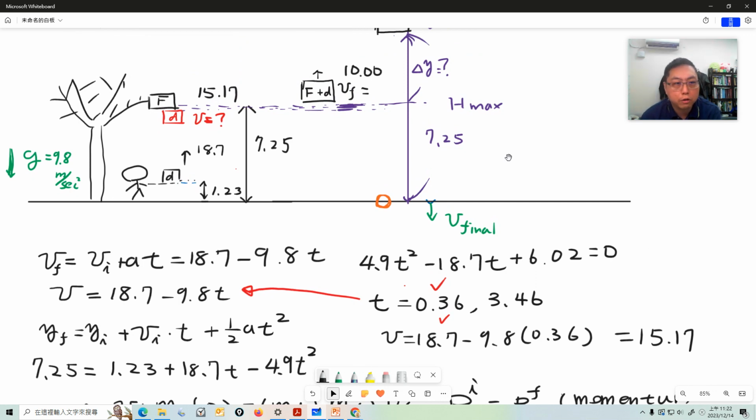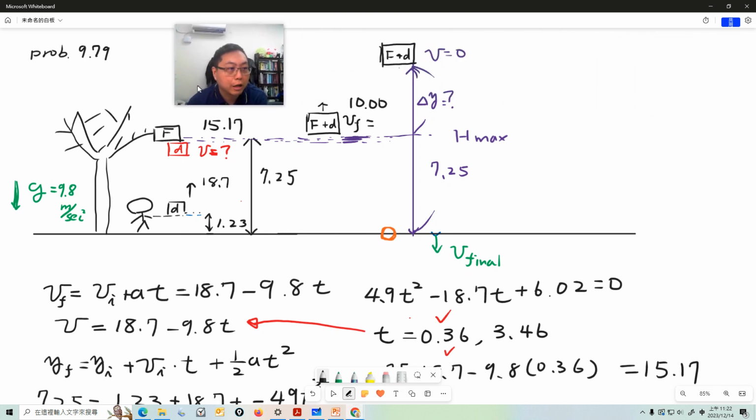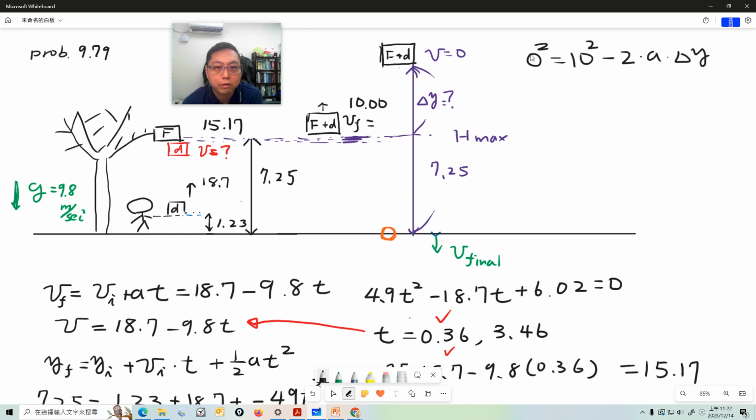If we have the information after they move together to the maximum height, the velocity becomes 0. So what's our distance delta y? I think you love this equation in the kinematics, but I'm not a fan of it: v2 squared equals v1 squared minus 2 a delta y, right? So our a is 9.8.